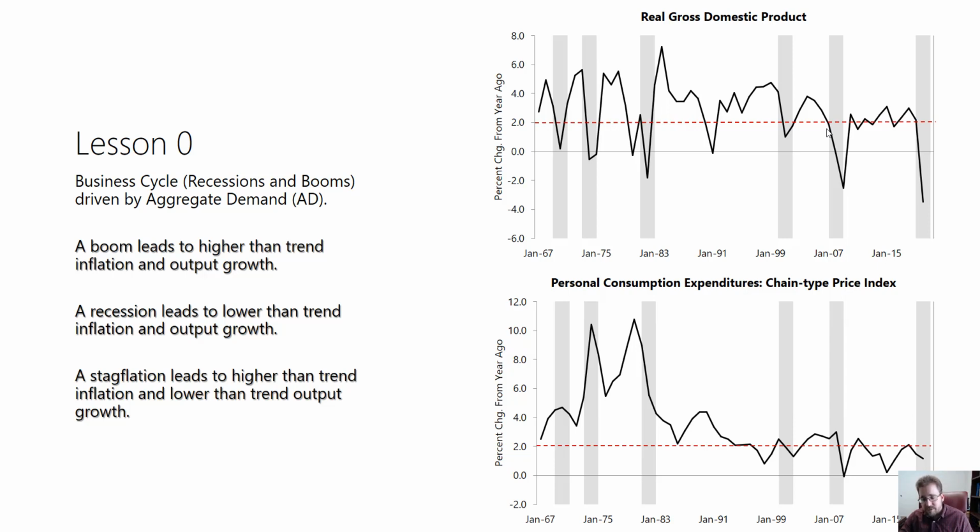And when we talk about the output gap, we'll get into a more refined version of that. And then we have periods where it's below trend growth. And some of those are bigger than others. So a recession is going to be this kind of lower than trend inflation and output growth. But we also have these stagflationary periods where we may have higher inflation and lower output growth.